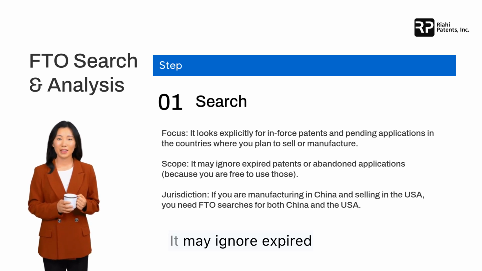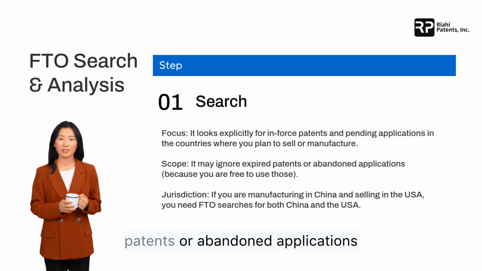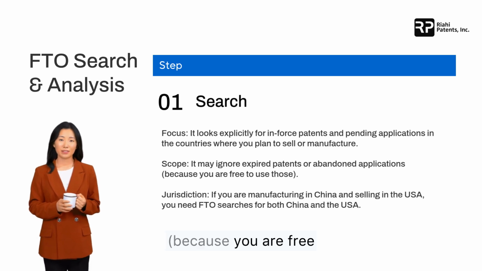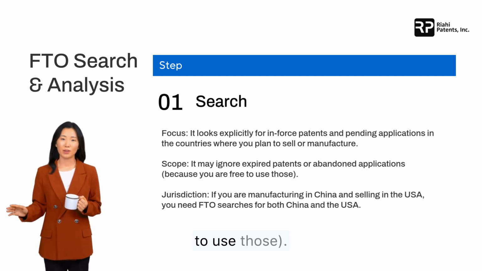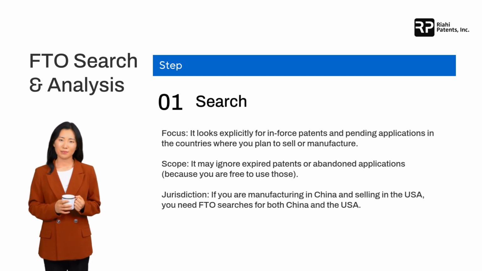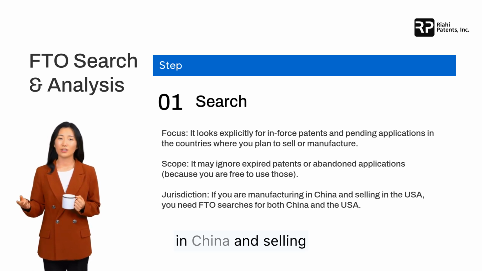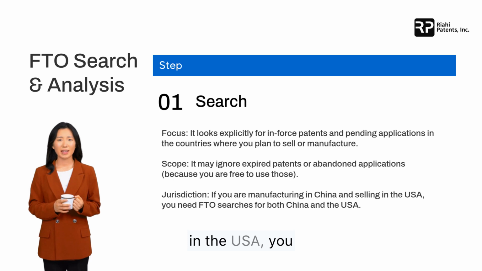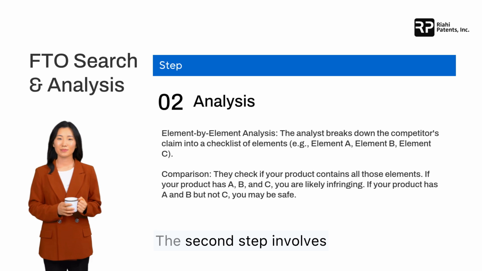Scope: it may ignore expired patents or abandoned applications because you are free to use those. Jurisdiction: if you are manufacturing in China and selling in the USA, you need FTO searches for both China and the USA.